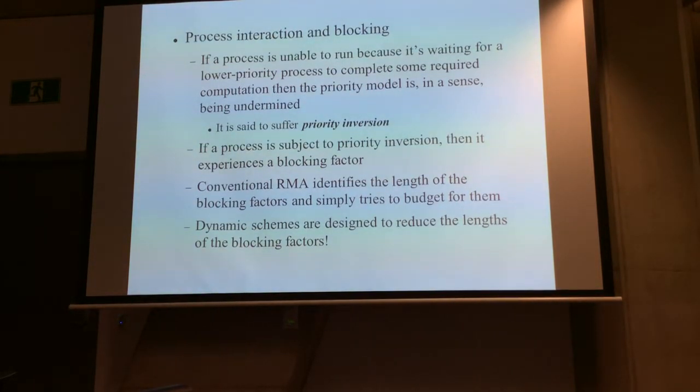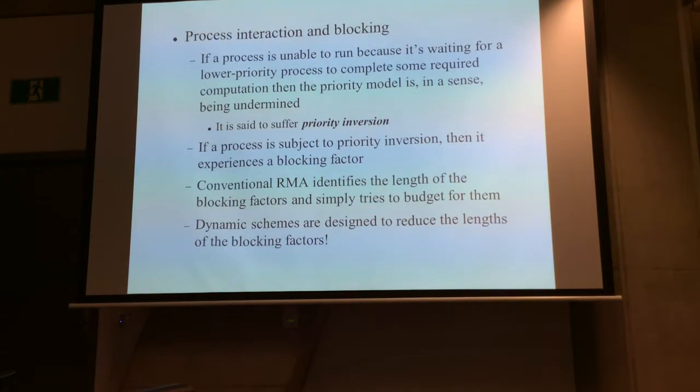So those types of programming features were the things that introduced blocking factors. And remember, blocking factors have an impact upwards in the chain of processes. So a task which presented a blocking factor adversely impacted the schedulability of all the higher priority tasks above it, not the lower priority tasks below it. And that was the problem.